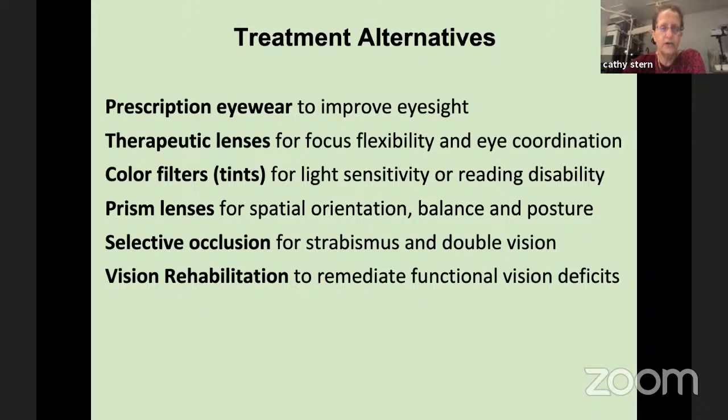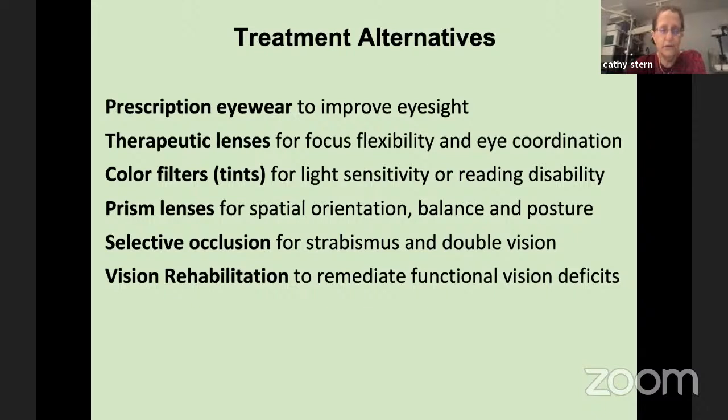We know that prism lenses are not only for double vision, but that we can use them to help someone orient better in space and therefore have an effect on their balance and their posture. We do know that rather than fully covering one eye, we can use some type of selective occlusion like binasal occlusion or spot patching for strabismus and double vision.